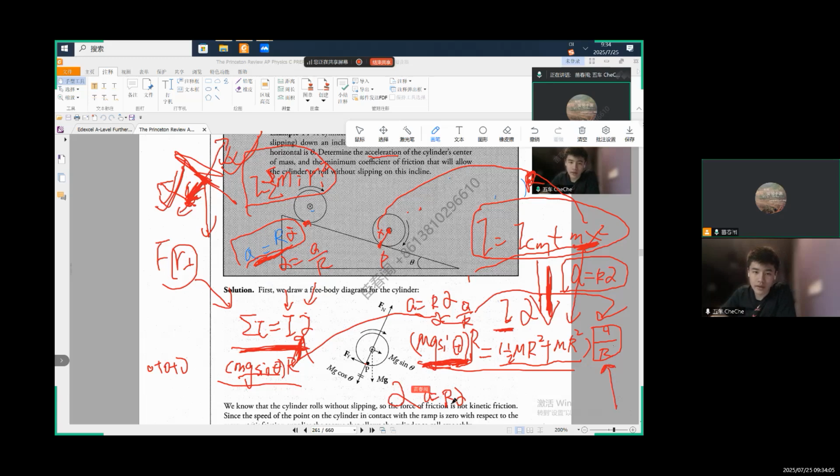That one may be easier. Find alpha. Alpha is equal to all this divided by all this, from the I equation. Basically, alpha is sigma torque over I, right?